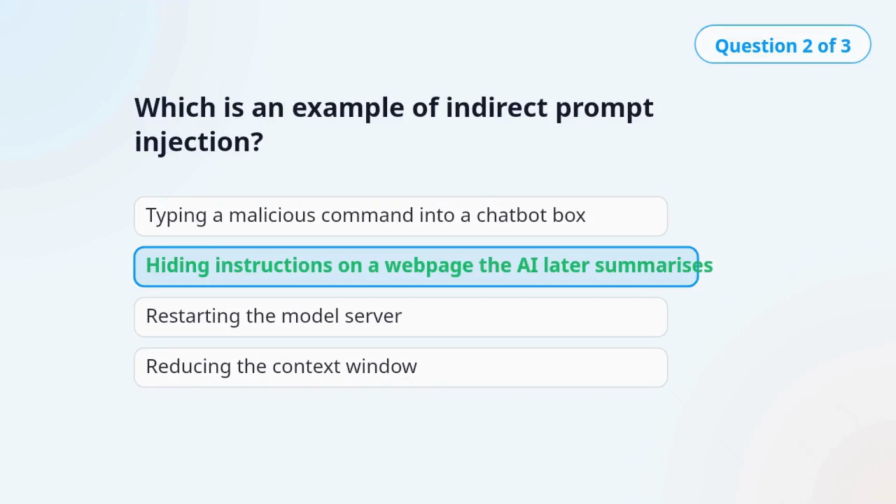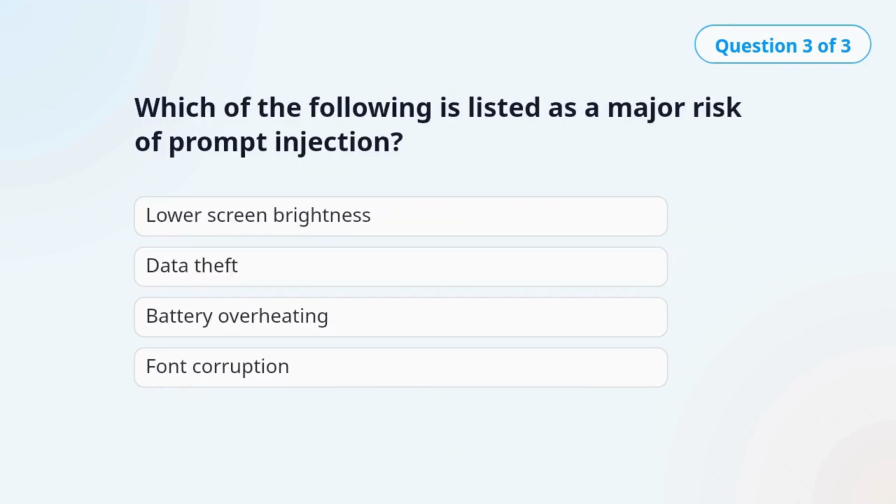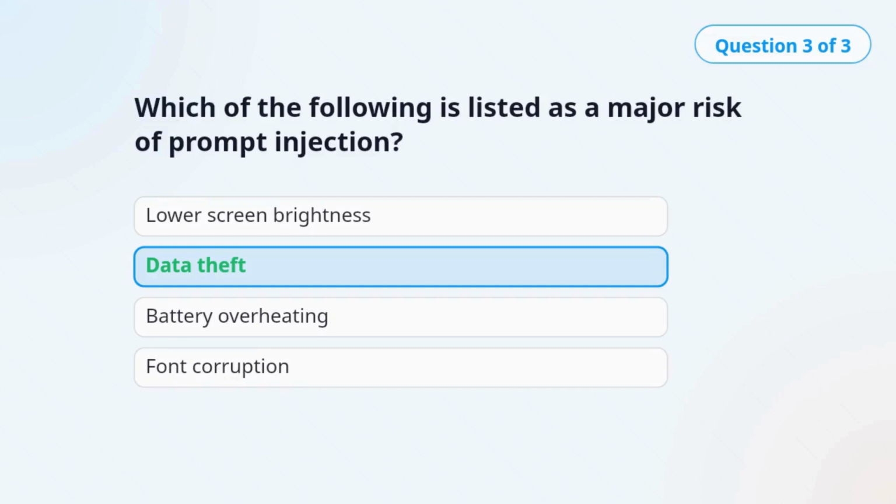The correct answer is hiding instructions on a web page the AI later summarizes. Indirect injection happens when the malicious instruction is planted in outside content the model consumes. Question 3. Which of the following is listed as a major risk of prompt injection? The correct answer is data theft. Prompt injection can trick AI systems into exposing private or sensitive information.